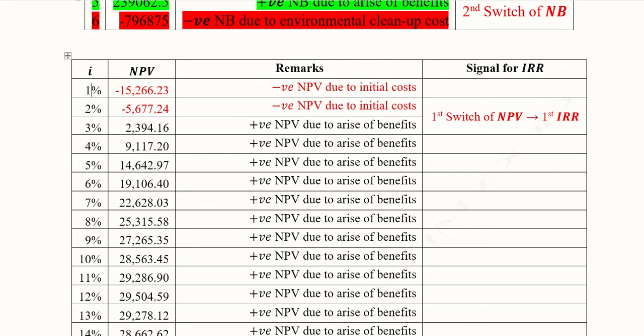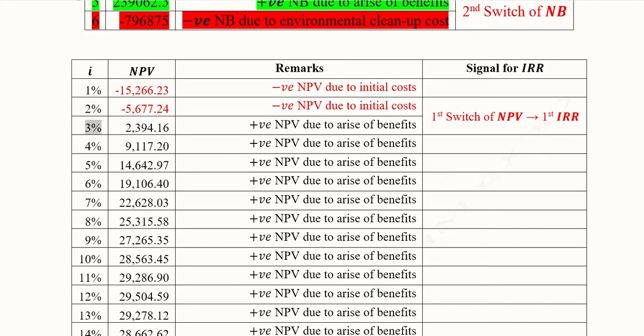Here the NPV is minus 15,266.23, and when we increased the discount rate, it changed to minus 5,677.24. The change is evident, but the sign has remained the same.